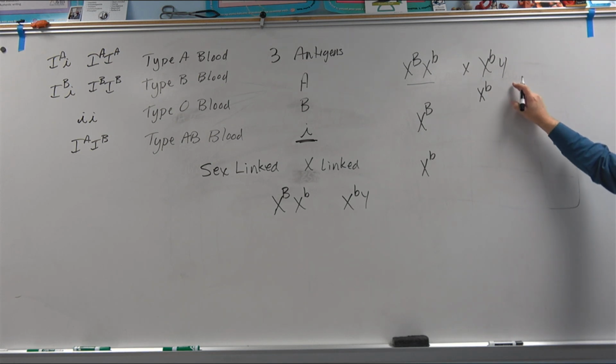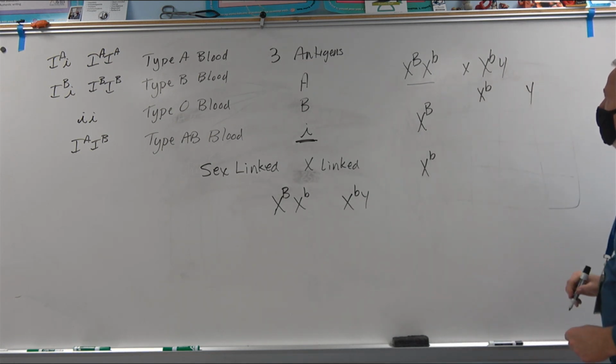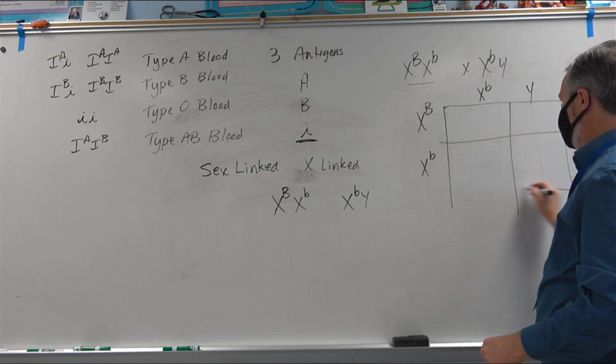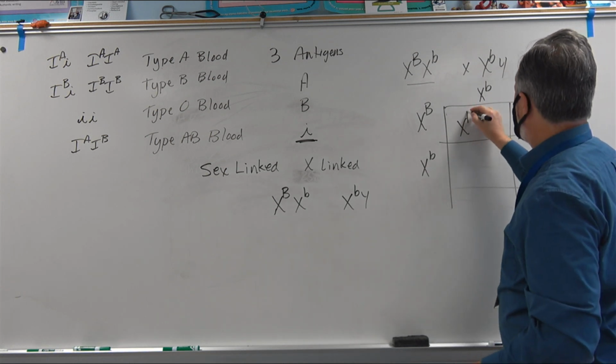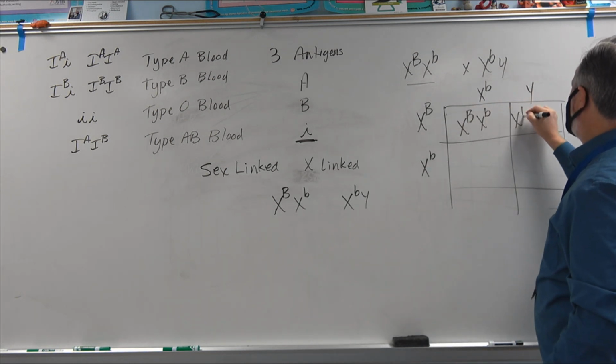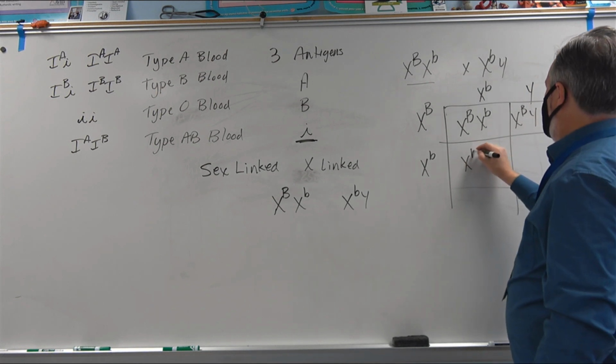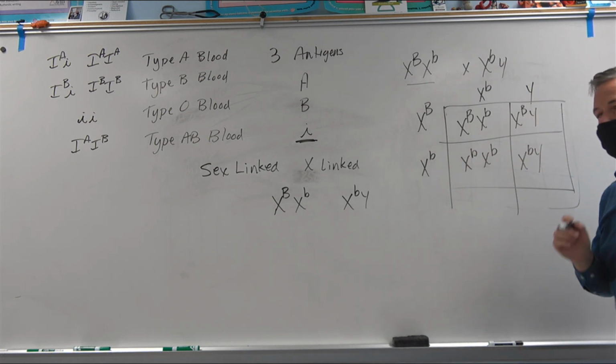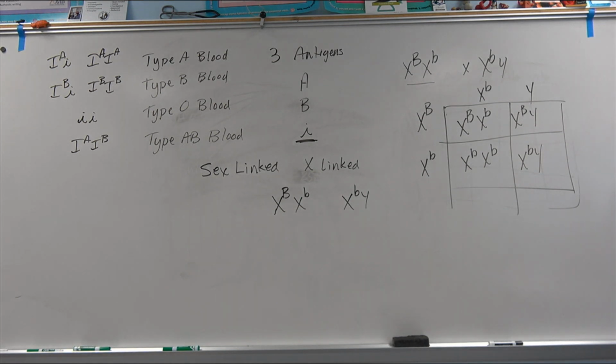Just a second. Okay, so I'm going to go ahead and do a Punnett square because I see some curious looks on the faces and maybe I'm reading it wrong. X big B, X little b, X big B, Y. Surprised I still have it. What percent, listen to the question, what percent of the males would be colorblind? Because it only counts for the Y ones.